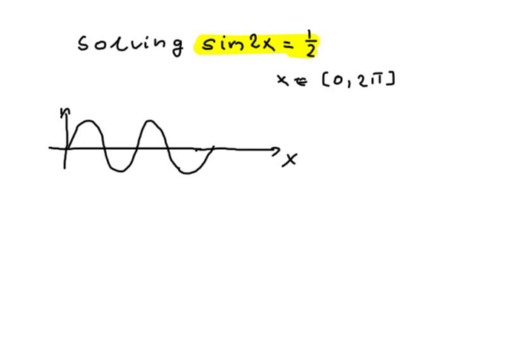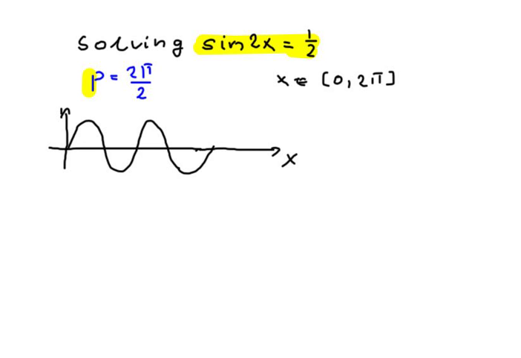When you have an angle of 2x, the period of the function is defined now as 2 pi divided by 2, because of that angle 2x.